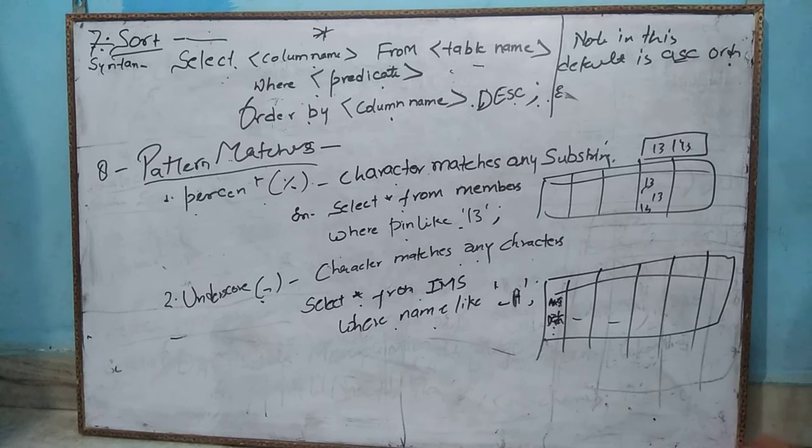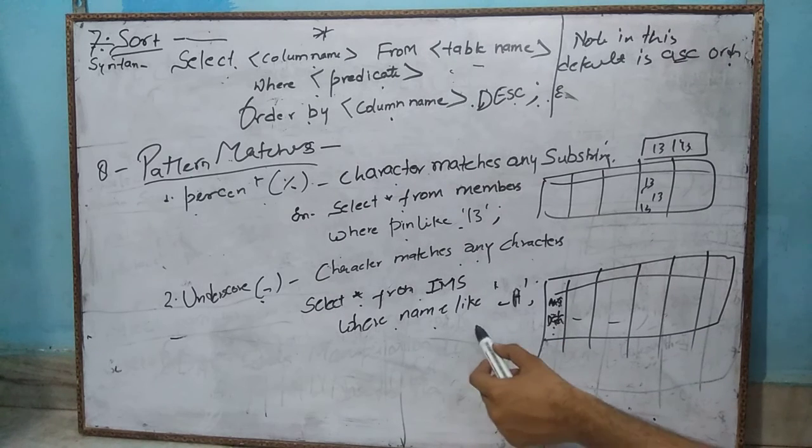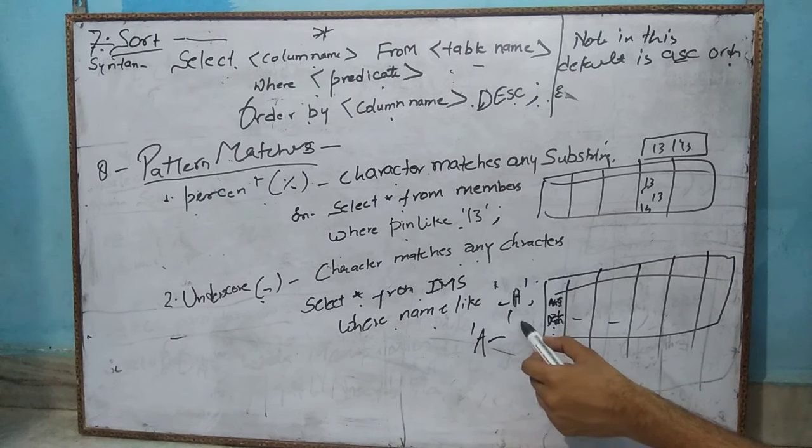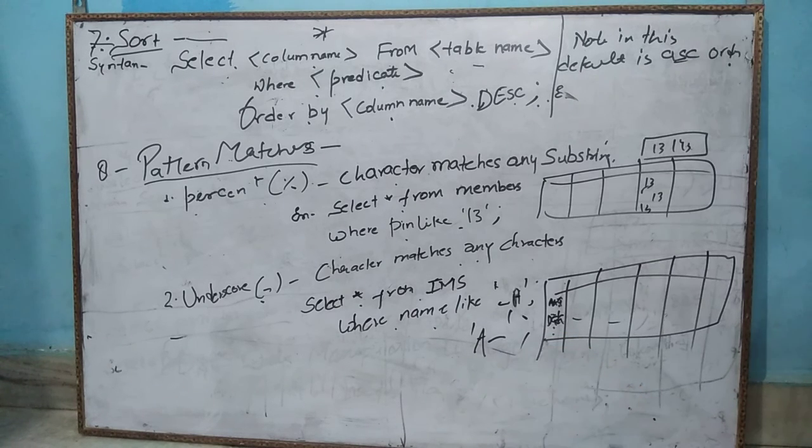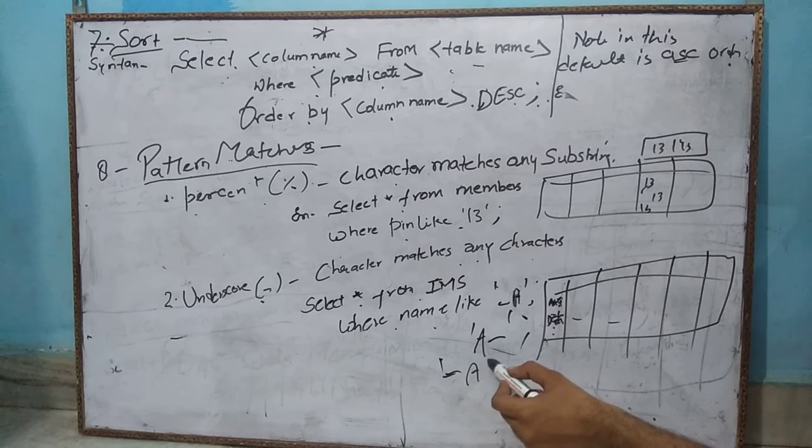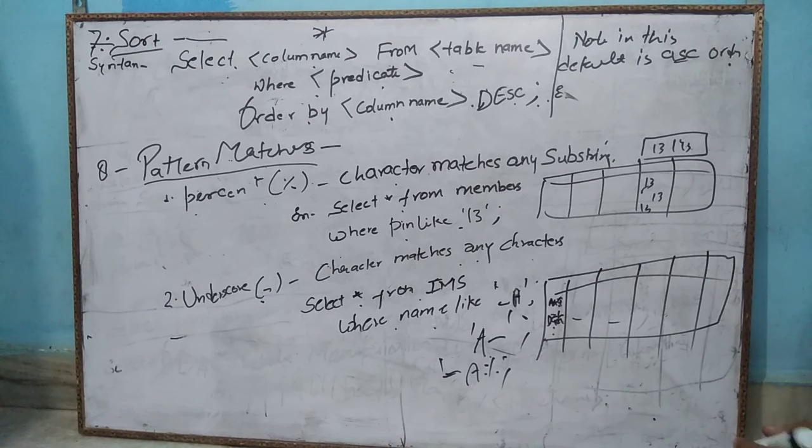If we want to match our character from the starting, we use A underscore percent semicolon. If we want to search for A as the second character, we use underscore A percent semicolon.